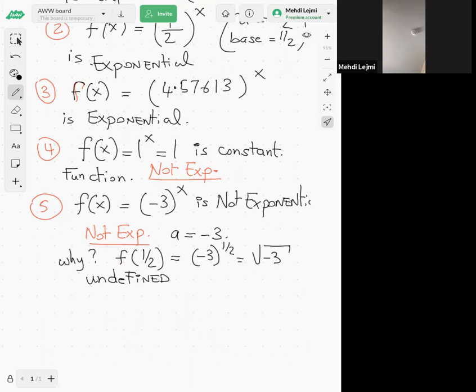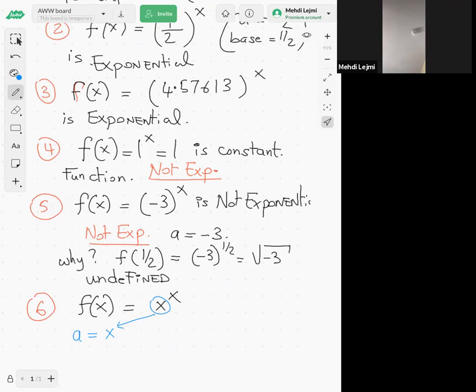And the last example: let's say f of x is equal to x to the power x. Here you have to be careful, because your variable x is not just in the exponent, it's in the exponent and also in the base. So your a here would be equal to x, right? But x is not a constant.